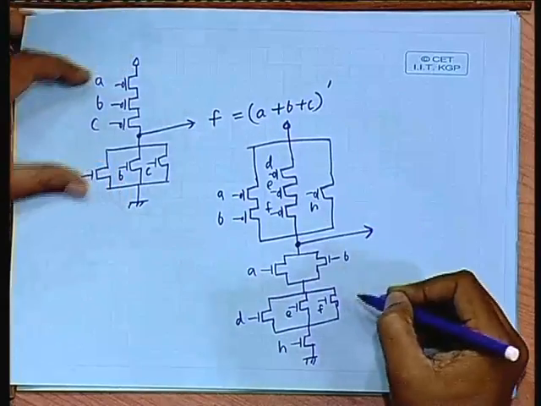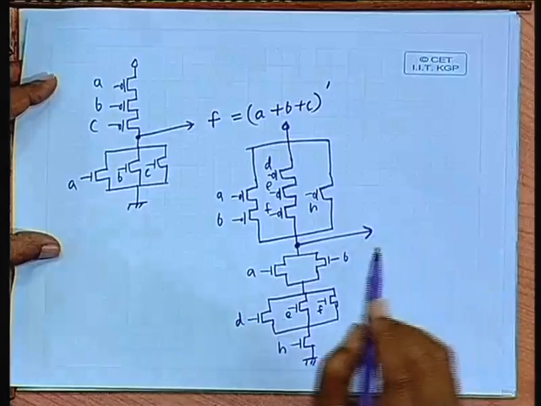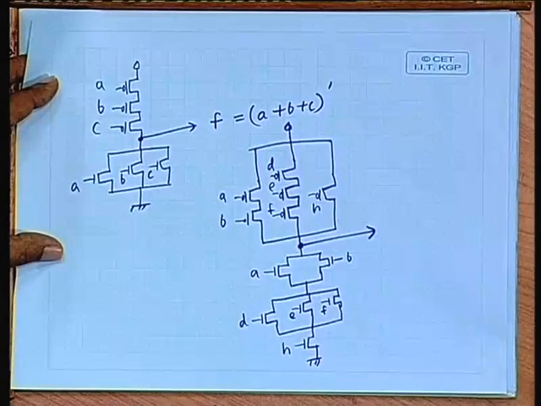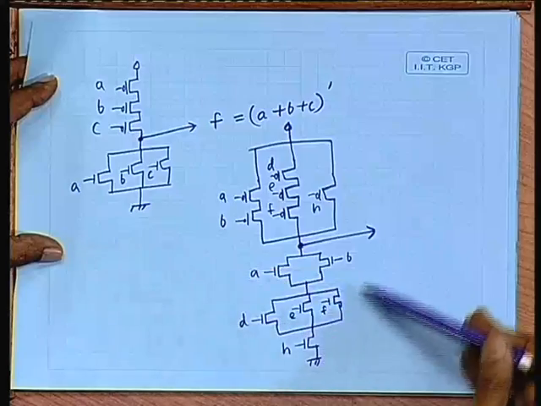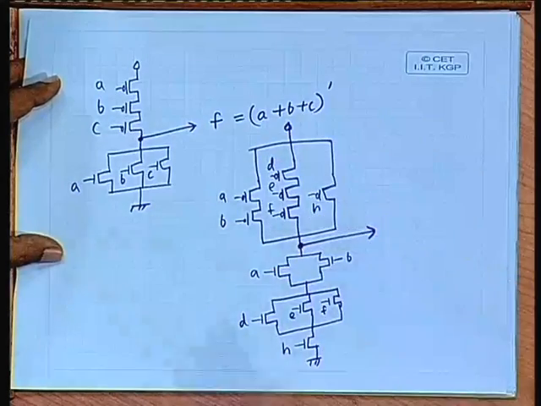This also will implement a negative gate. So, when I say that the target technology is CMOS, it means we are trying to go for a solution like this.